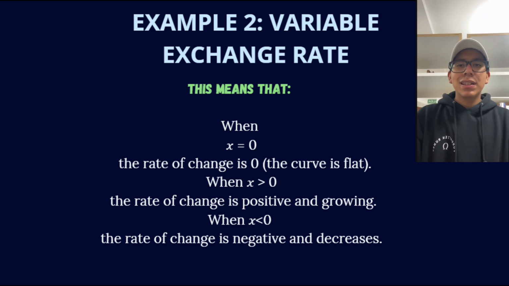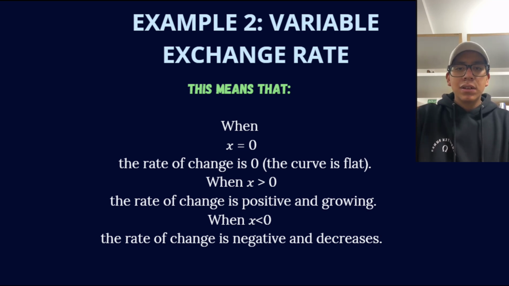Variable rate of change example. When x equals 0, the rate of change is 0 and the curve is flat. For x greater than 0, the derivative is positive and growing, so the curve rises increasingly steeply. For x less than 0, the derivative is negative, so the curve falls and steps downward.